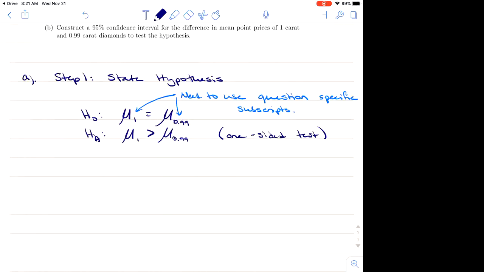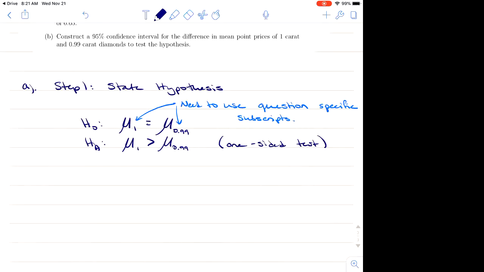We need to know if we have a one or two-sided test later for our p-value, and that's a really common question that I get. How do I know if it's a one or a two-sided test? You have to go and look back at your alternative hypothesis. With a little bit of practice, people don't have a hard time figuring out what the alternative hypothesis is going to be.